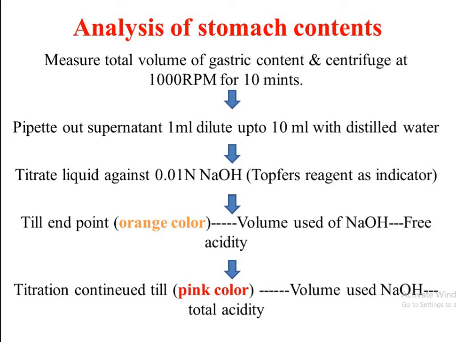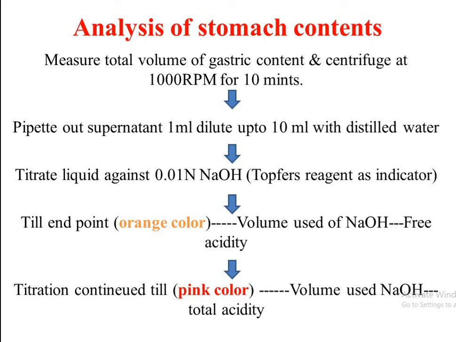Titrate the liquid against 0.01 N NaOH using Topfer's reagent as indicator till the end point. The end point means the appearance of an orange color. The volume of NaOH used is noted to estimate free acidity. Titration is continued till the appearance of a pink color, and the volume of NaOH run down is noted to calculate total acidity.